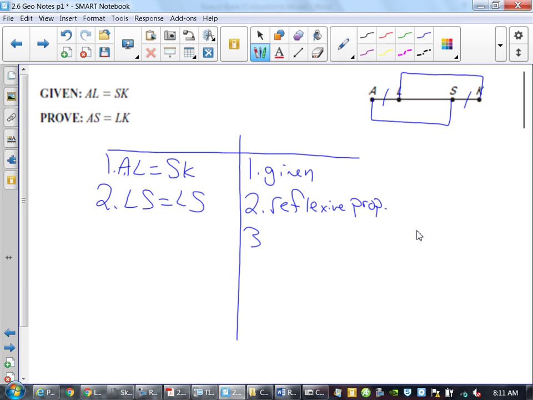Can I do this? Am I adding the same thing to both sides with an equal sign? What property is it when you add the same thing to both sides with an equal sign? They're not canceling each other out, they're adding. It's not substitution. We're adding the same thing to both sides. It's the add property of equality.